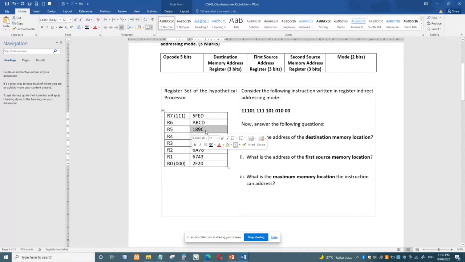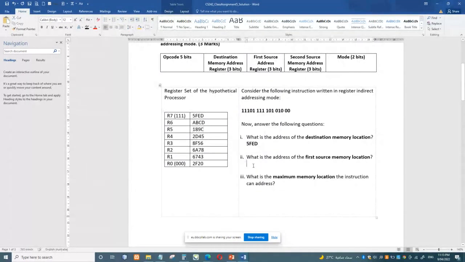And register number 5 is containing memory location 189C, and this is the memory location where your first operand is stored. So 189C is the address of the memory location where your first operand is stored.